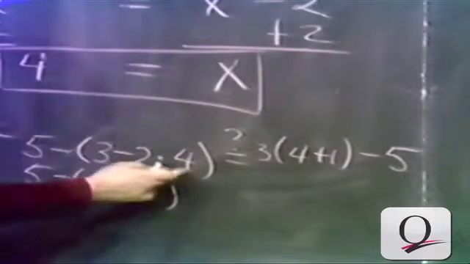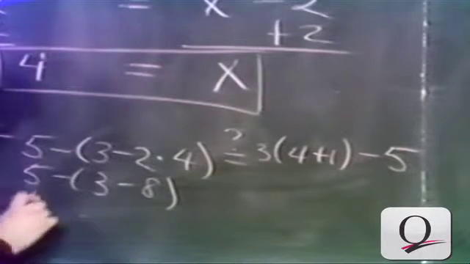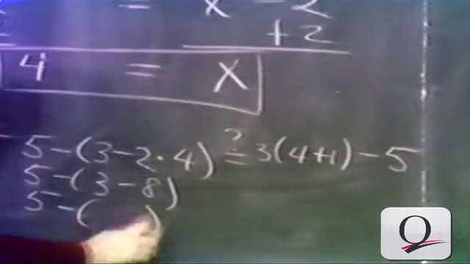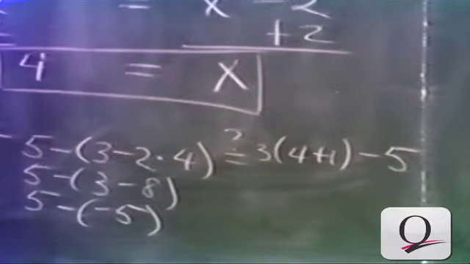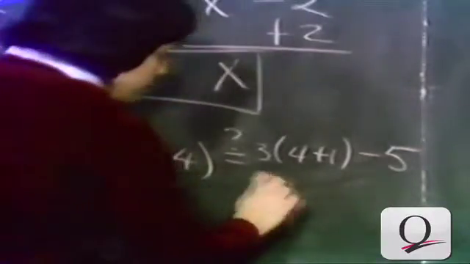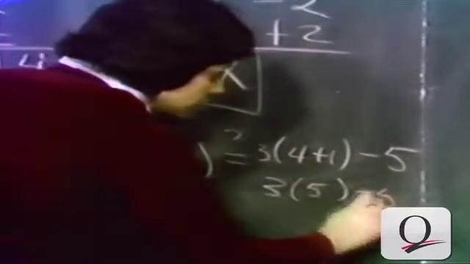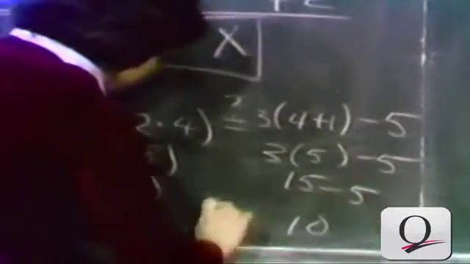Order of operations, the multiplication comes before the subtraction. Okay, 5 minus, now 3 minus 8, that's minus 5. 5 minus a minus 5 is 5 plus 5, or 10. And on this side, we have 3 times 5 minus 5. 15 minus 5, also 10, so it checks out.